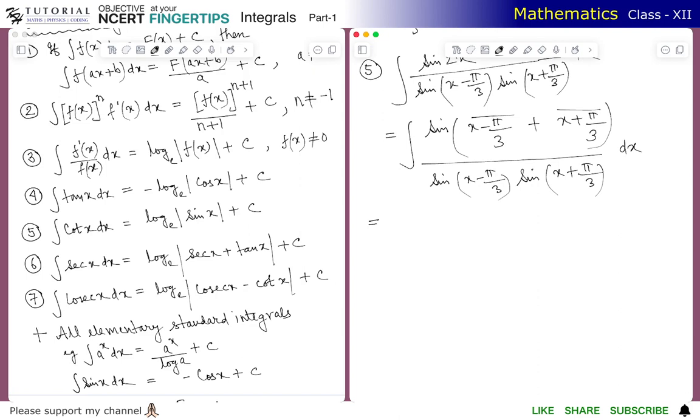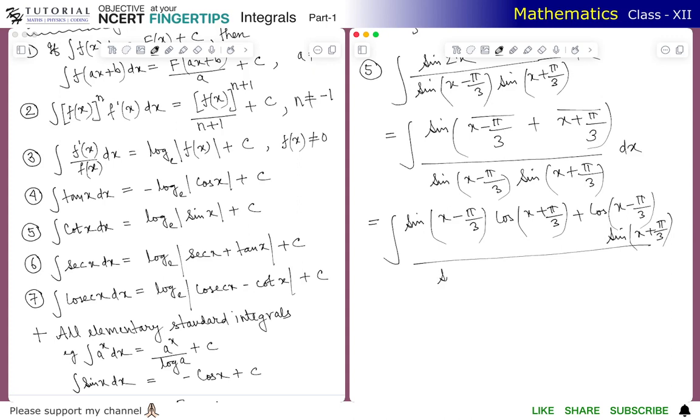If I expand that using the formula sin(A+B), which is sin A cos B plus cos A sin B, this becomes sin A cos B plus cos A sin B. And we have in the denominator these two terms. Clearly, we can see that some terms will cancel out.